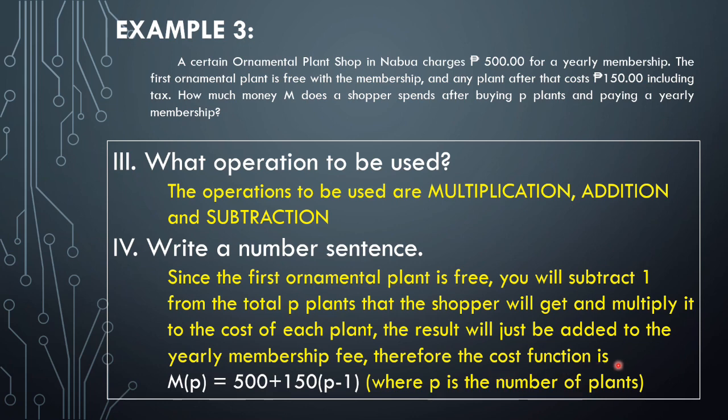Therefore, the cost function is M of P equals 500 plus 150 times the quantity of P minus 1, where P is the number of plants. So this is now the number sentence.